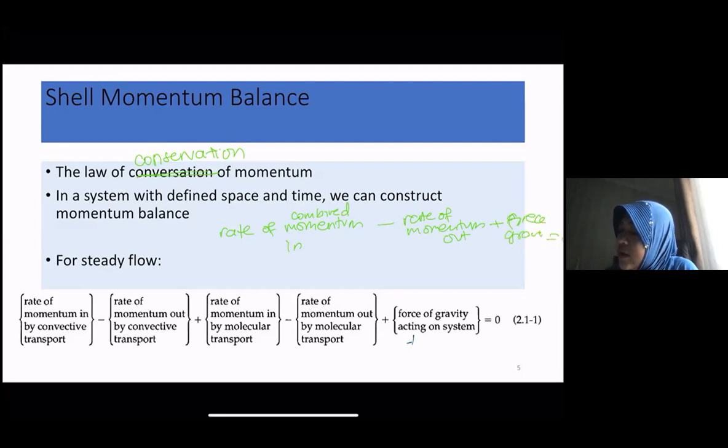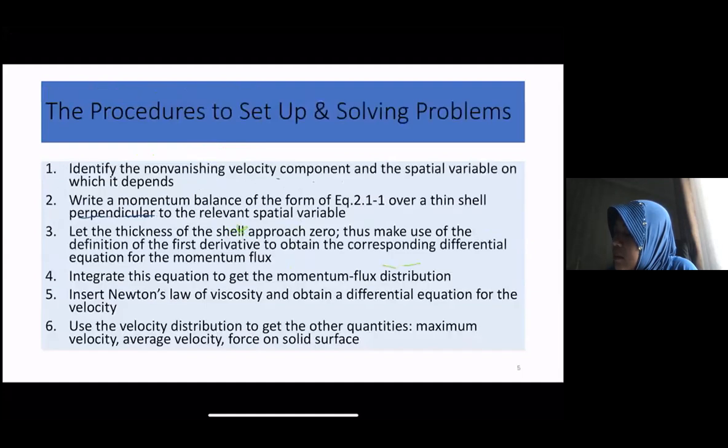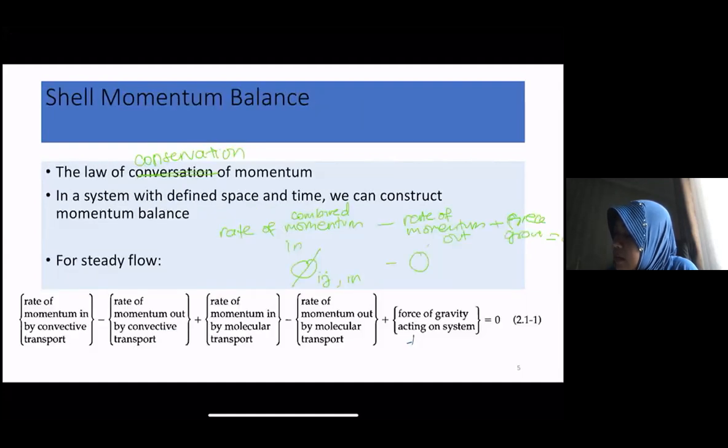So it can be Cij in minus Cij out. You can consider the combined momentum, or if you want to break it down into the convective and molecular transport, it's just fine. This is all similar.